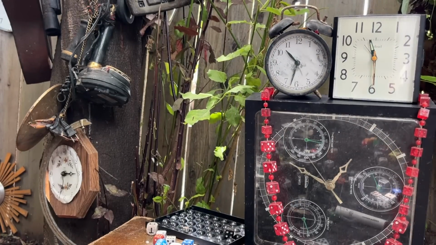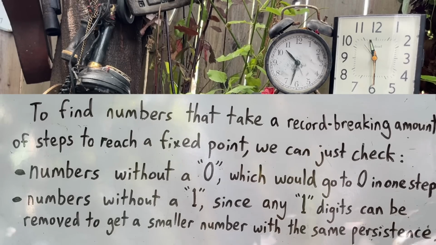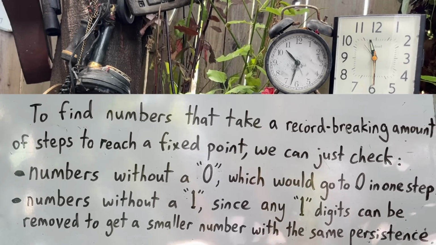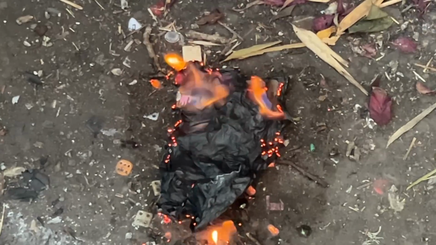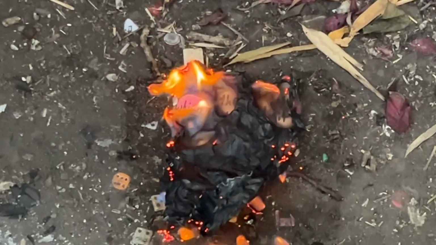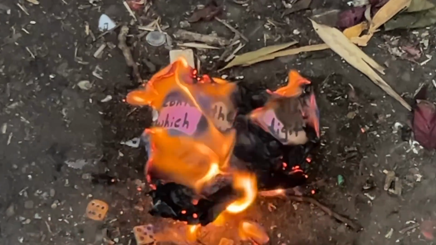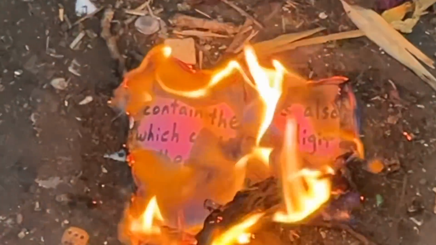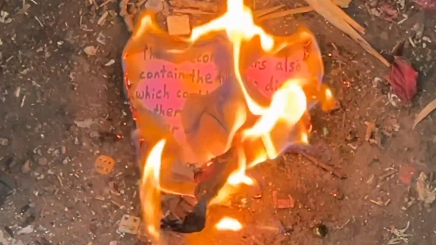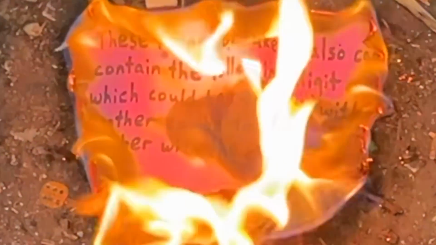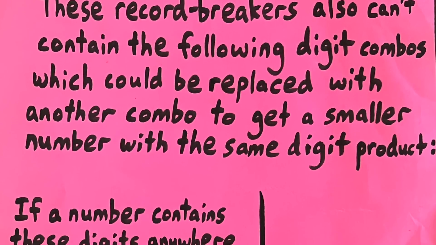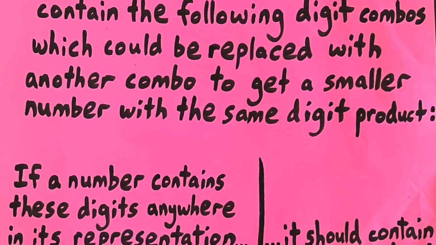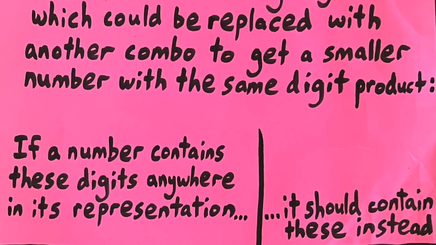Like before, these record breakers also can't include the digit 1, and here, let's think of removing a digit 1 as replacing a digit 1 with an empty set of digits, because this connects that pattern to the other main type of digit pattern that must be avoided with these record breakers, which is any digit combo that could be replaced by something else and have the same digit product but end up being a smaller number.